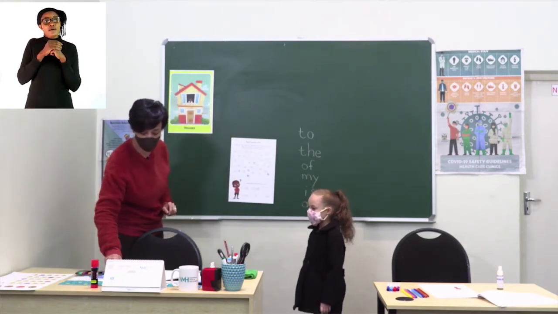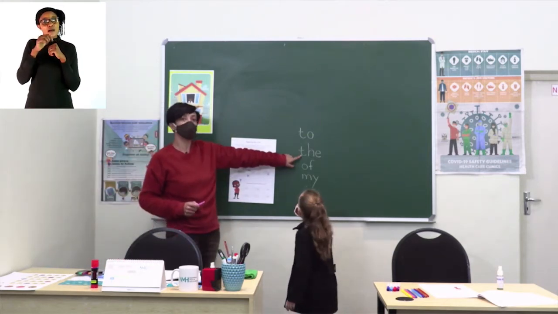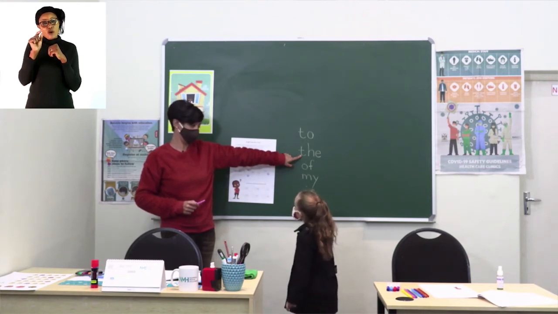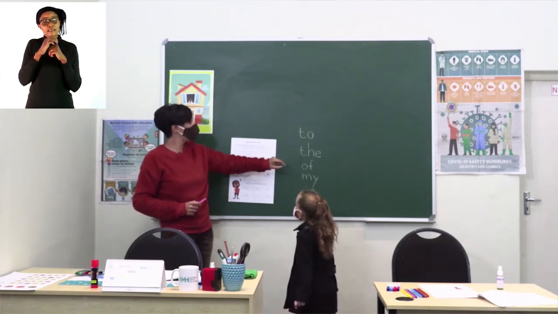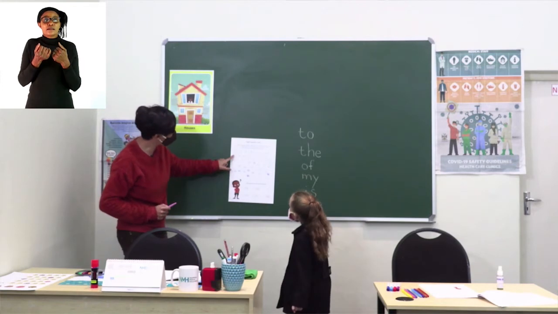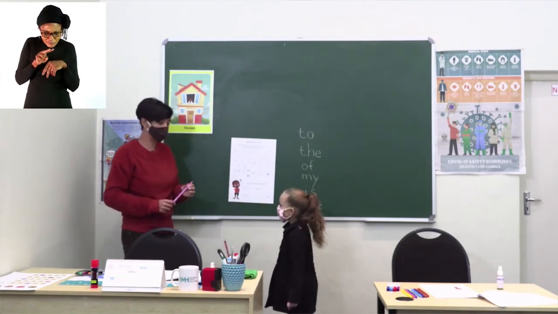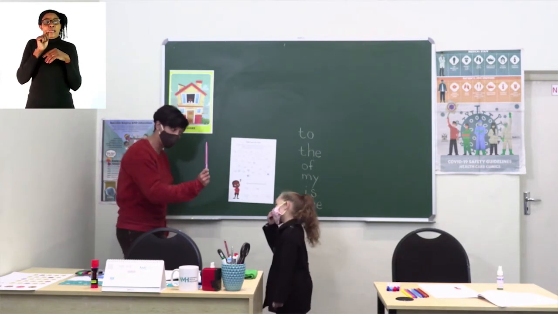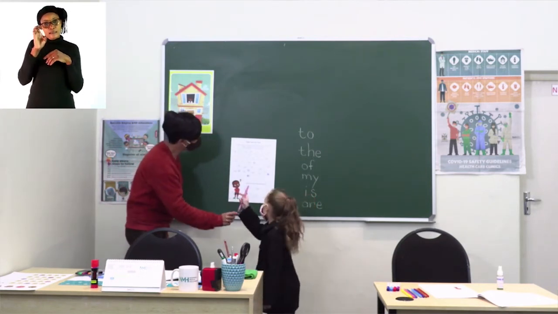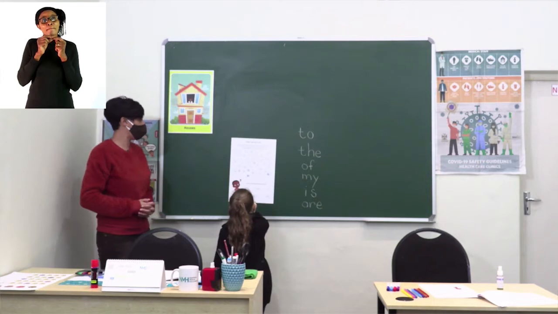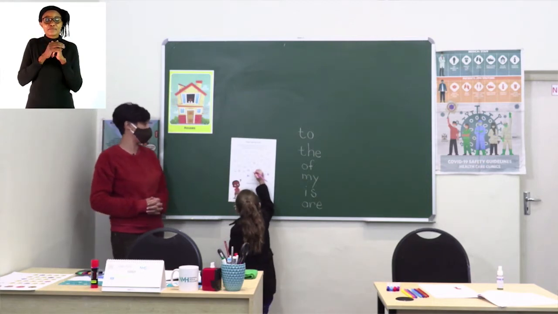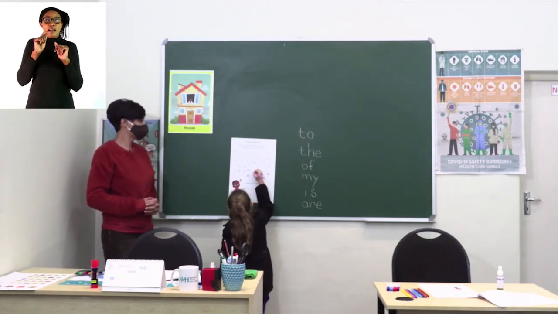Let's look at the next word, the. So now we have to look, where is all the word the in this block here? And we will use the color pink. Danelle, look where is the. Then you color it in for me pink, please. Good.